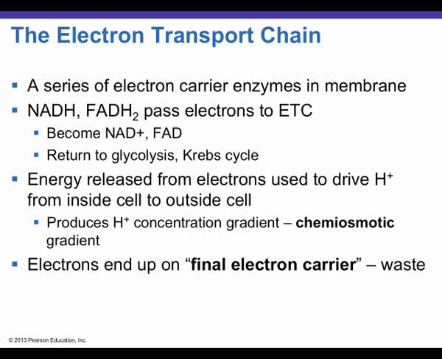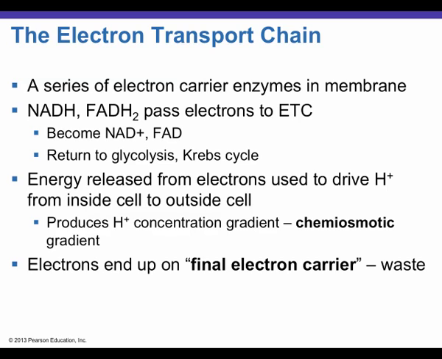Now the energy that's in those high energy electrons that we're pushing around on our electron transport chain is used to take protons, H+, from the inside of the cell to the outside of the cell. So we're pumping protons out, and this concentration gradient is called our chemiosmotic gradient. Right, so the energy in the electrons is doing work to produce this chemiosmotic gradient.